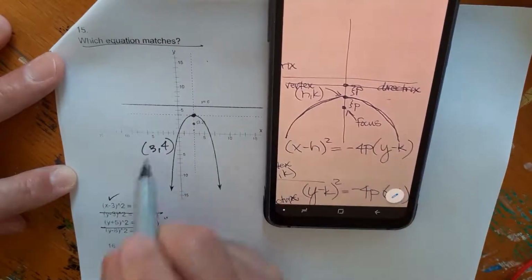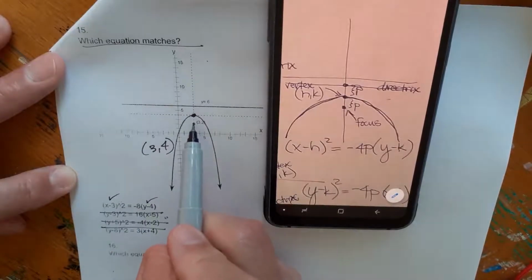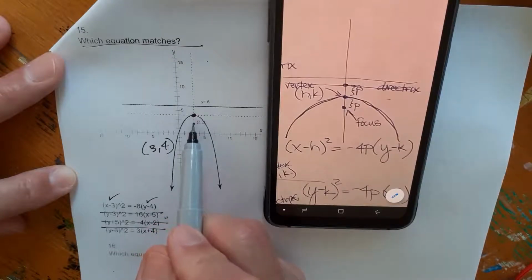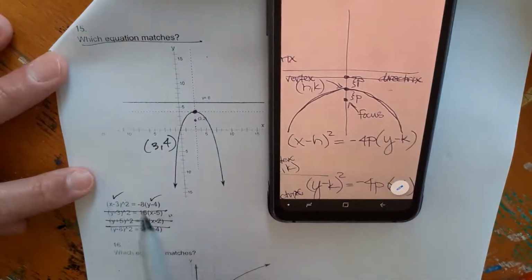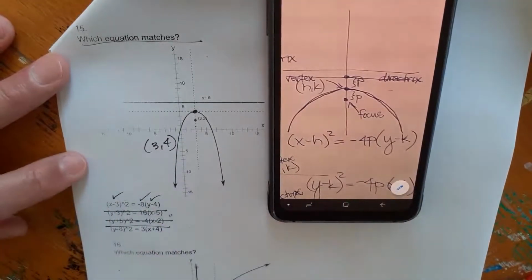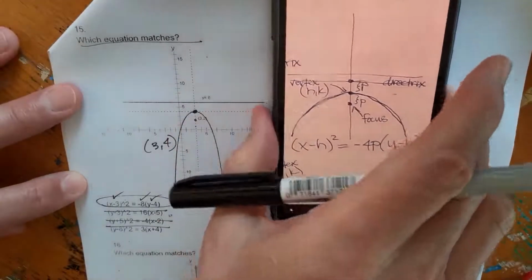And we're going to have y minus 4, check. That means this one's out. So I know this is the correct answer. The distance between the focus and the vertex is 1, 2. So there's a 2. And it's 4 times 2, which is 8, and it's negative, which means it opens down. Check. All right, everything lines up. I know this is my equation. Plug it into Desmos. You take that time and go ahead and do it.